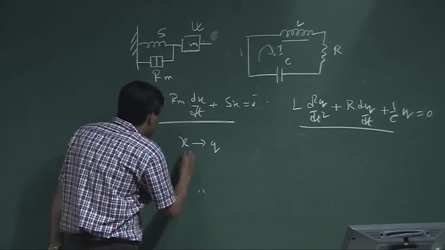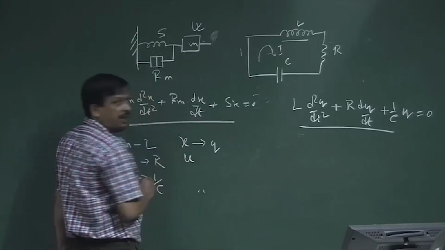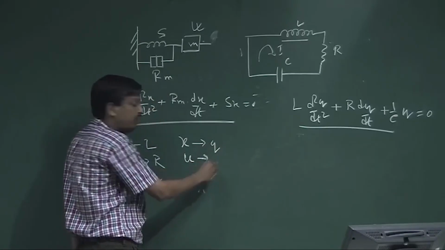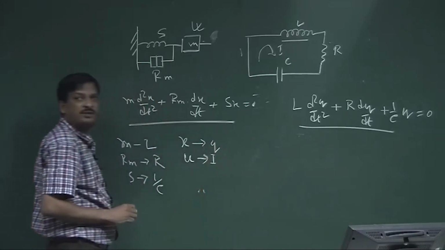Similarly, the particle velocity in the mechanical system, dx by dt, is equal to dq by dt, which is nothing but the current.